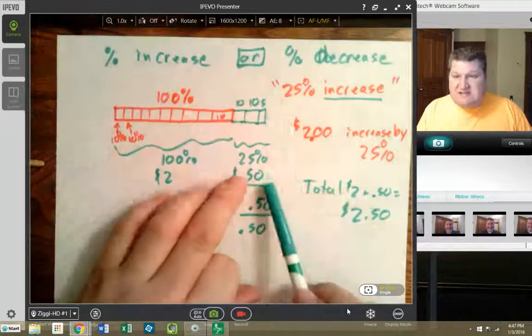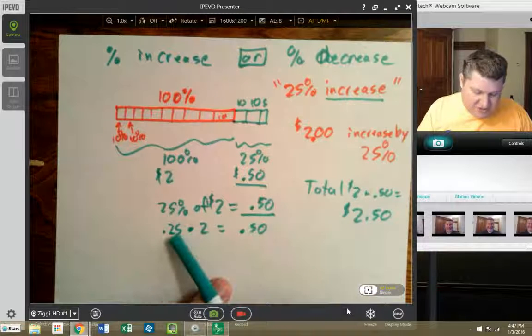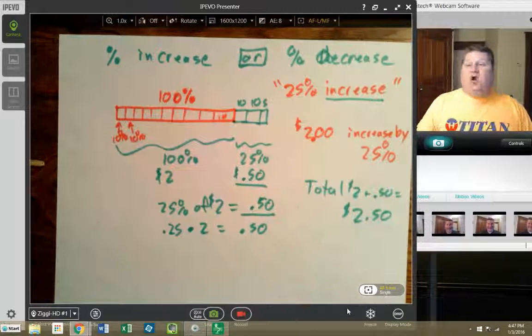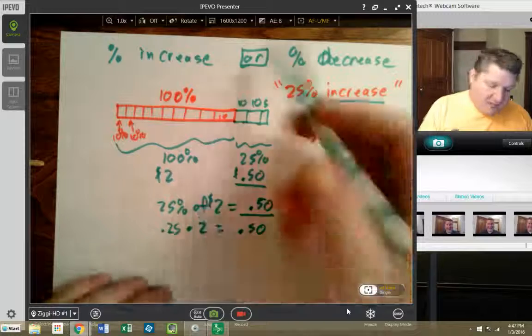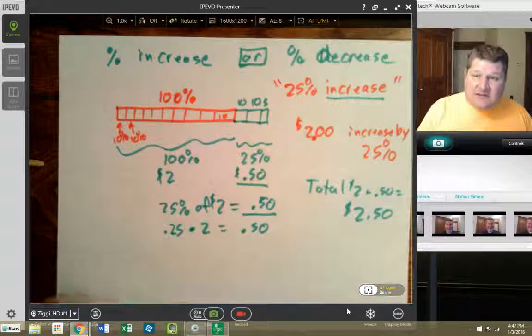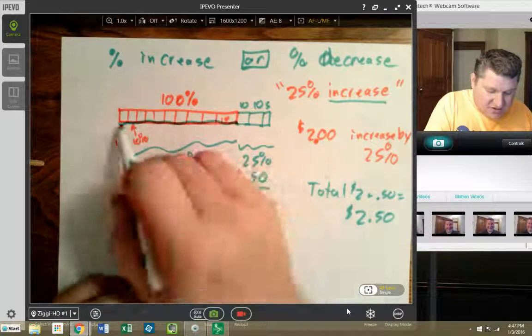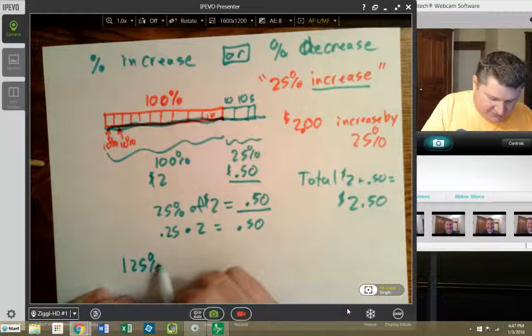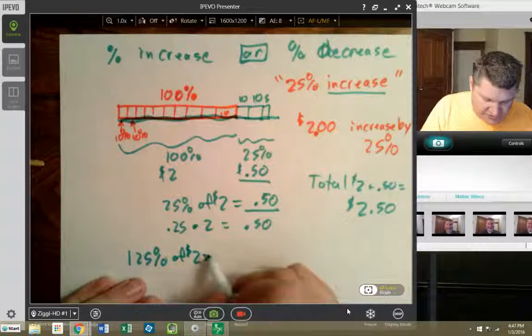So one way to do this problem would be to say, I know what the 100% is, I know what percent it's going up, so I can figure out how much is going up. 0.25 times $2 is 50 cents, then add them together. Alternatively, rather than finding them separately and then adding them, we could add them to begin with. Because if this is 100%, the whole distance would be 125% of $2.